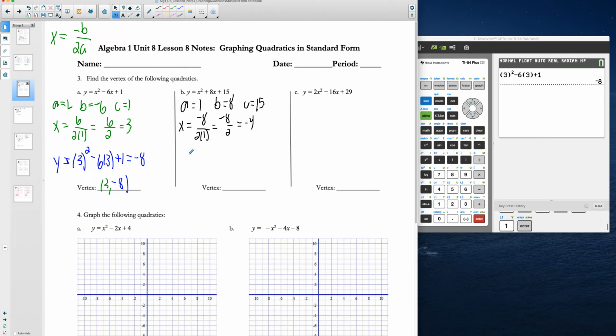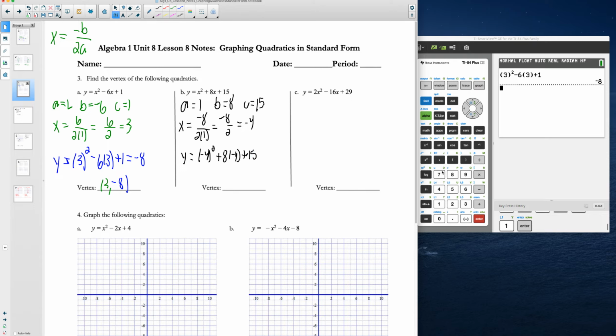Once again, we're just going to take that negative 4 and plug it right into our equation here. So negative 4 squared plus 8 times negative 4, close parentheses, plus 15.